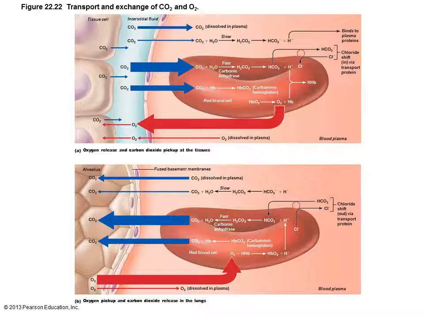Let's see, and then as you see, at the lung the red blood cell now reverses those reactions we saw in the upper figure. When it reaches the lung, you have to regenerate the H2CO3: chloride moves out of the red blood cell, and bicarbonate ion in the plasma gets into the red cells.